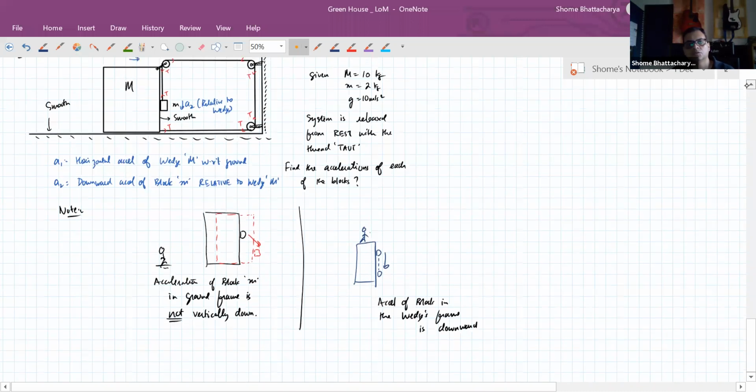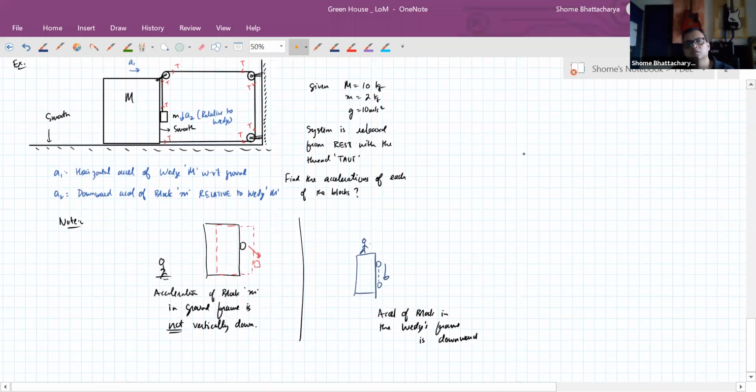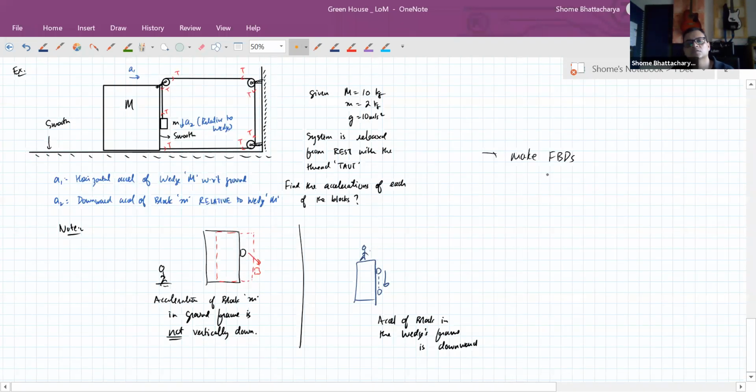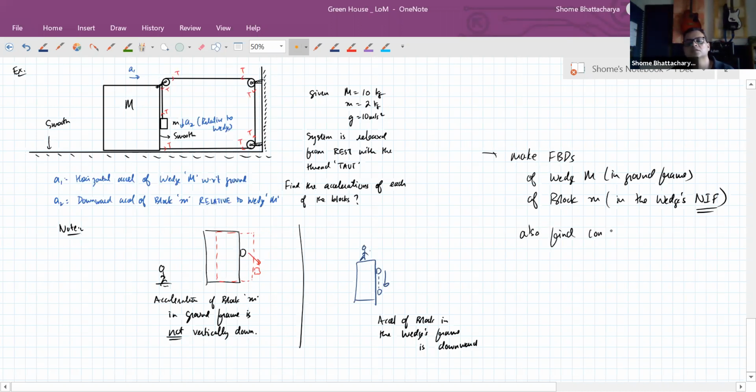Okay, so next step, what you do here is make free body diagrams of the wedge in ground frame, of the block small m in the wedge's non-inertial frame, and also find the constraint relation between a1 and a2.